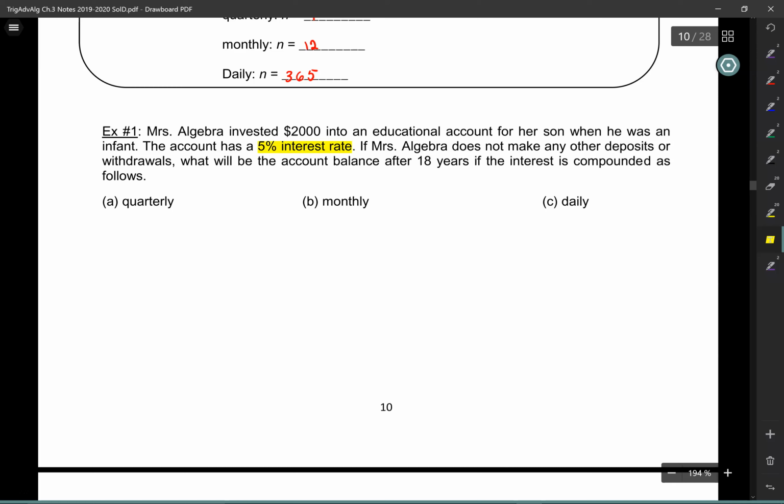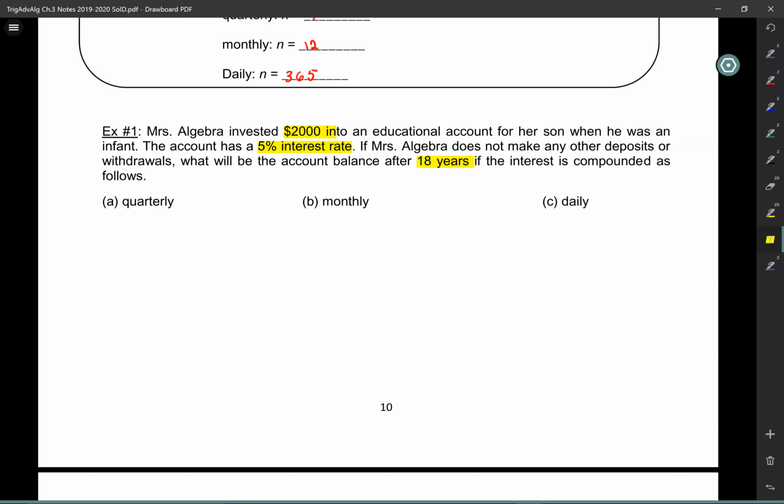She invested $2,000. If Mrs. Algebra does not make any other deposits or withdrawals, what will the account balance be 18 years after if the interest is compounded as follows? So 18 years after, when the child is now ready to go to college.